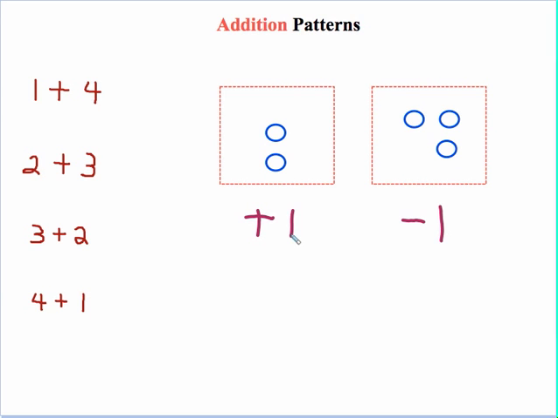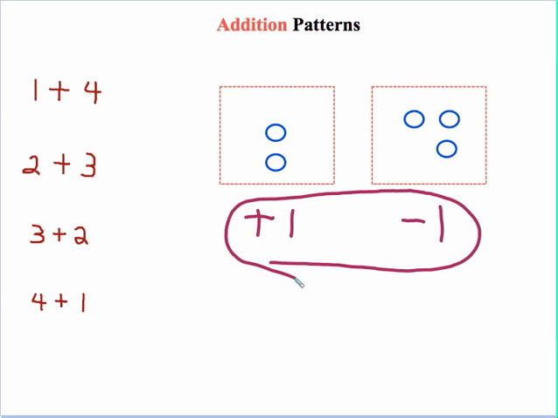Notice that when we subtract 1 and add 1, the net result is 0. Mathematically, this is our additive inverse, that anything plus its opposite is 0. So there's a net change of 0, so our sum is still 5. But now we have 2 plus 3 instead of 1 plus 4.